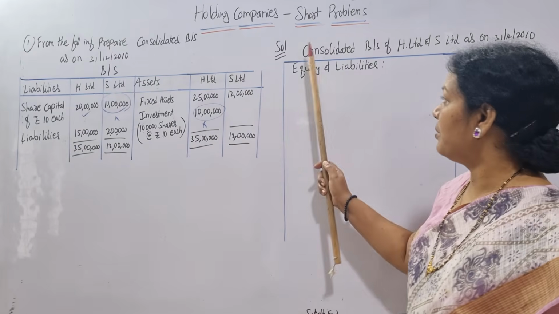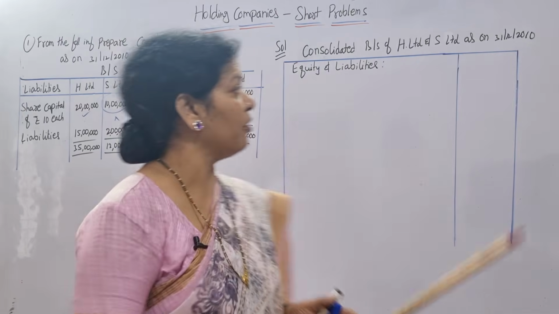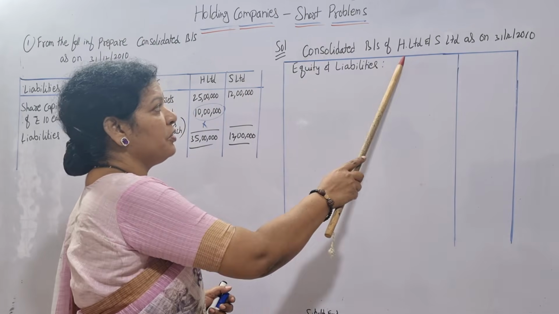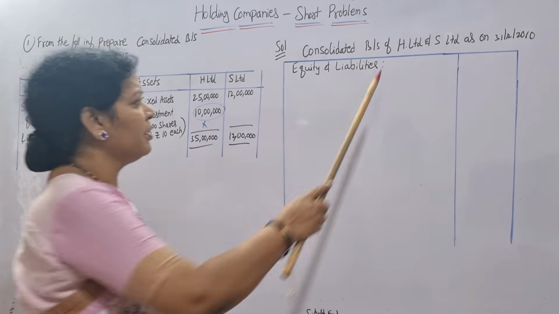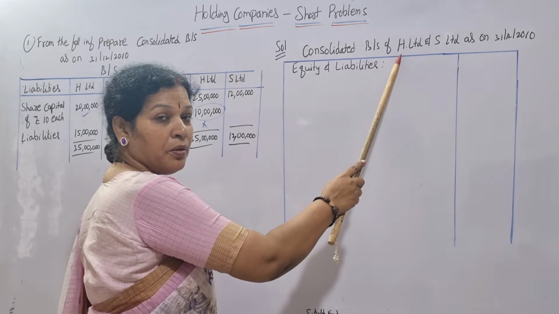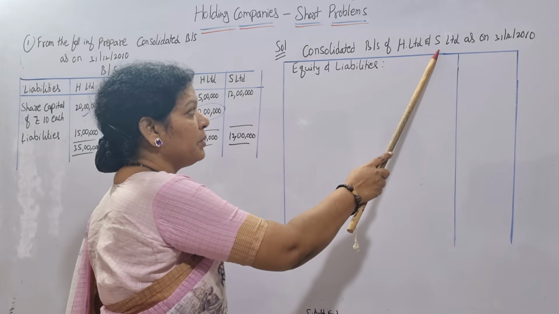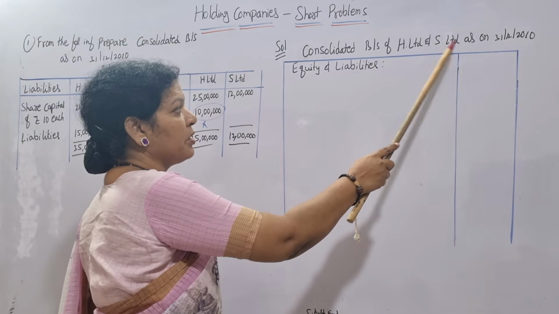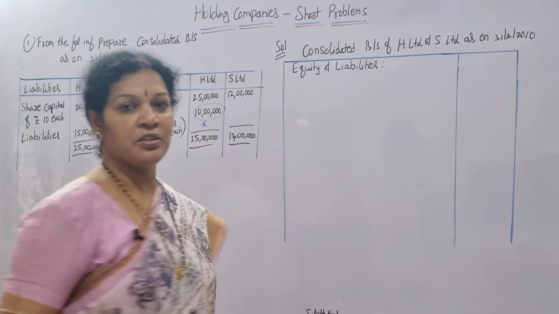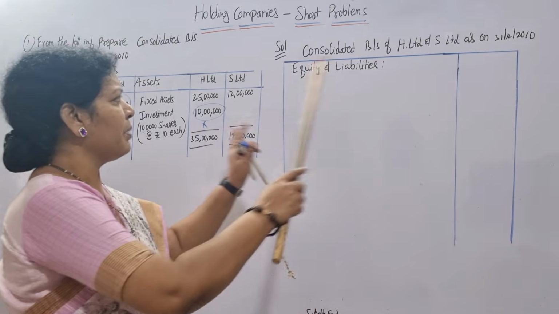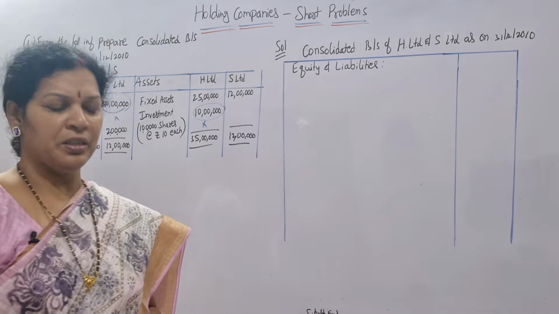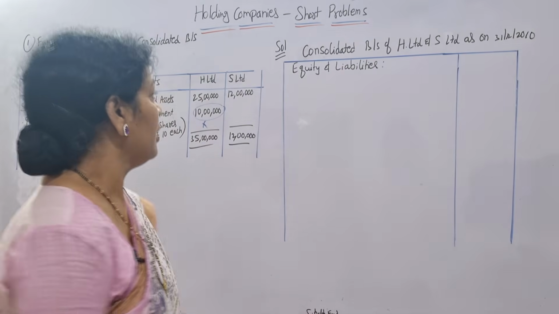Now I have already prepared the format. Consolidated balance sheet of both the companies together: consolidated balance sheet of H Limited and S Limited, that is the subsidiary company, as on 31st December 2010. The format is simple. First we'll write equity and liabilities.